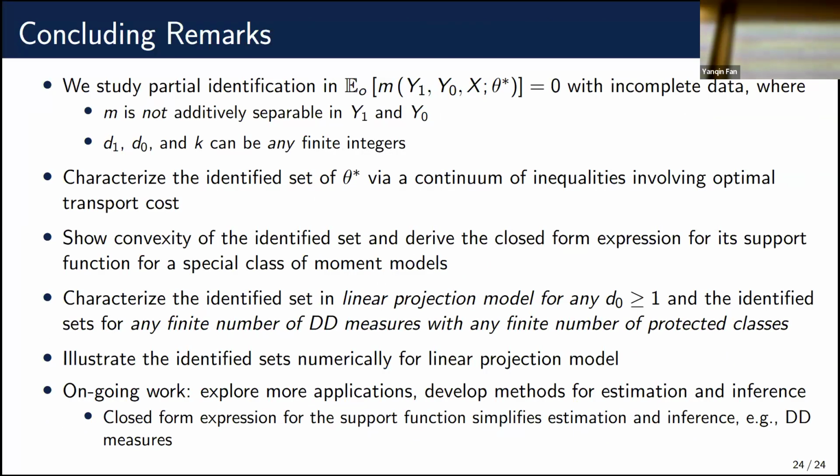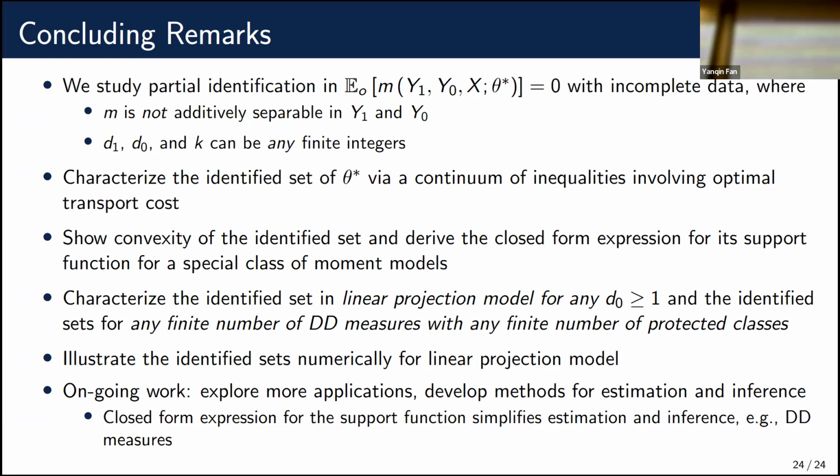So let me just conclude. Well, I guess I'll just mention that this moment equality model, in fact, is very general. Many examples, if you look at it just literally, may not look like a moment equality model, but in fact, in a lot of cases, you can define the parameter theta star in such a way that theta star, in fact, satisfies some moment equality model.